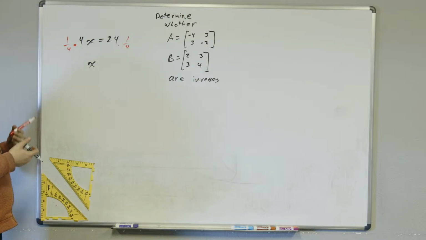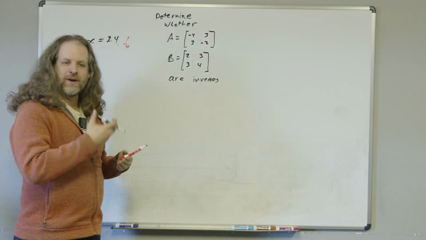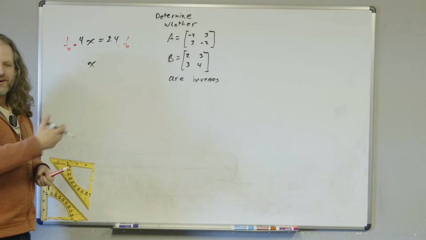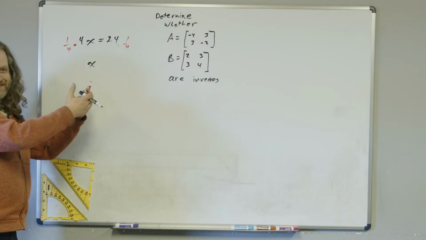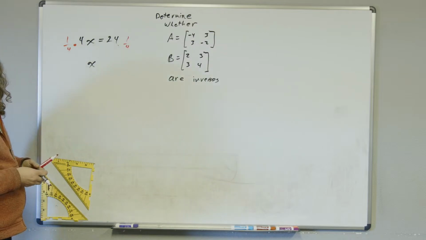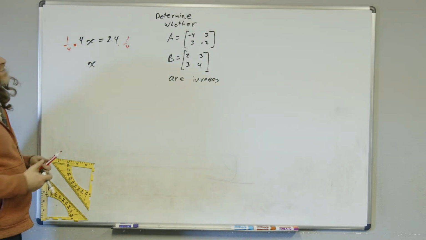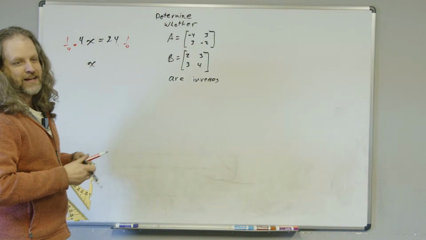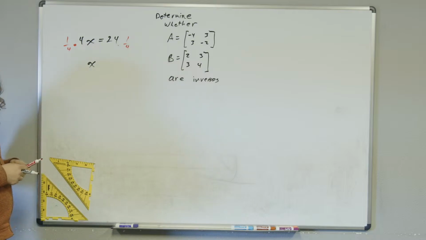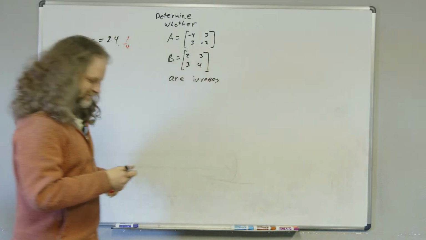So if these are inverses, then when I multiply them, what am I going to get? 1. What is 1 as a matrix? The identity. So if I multiply A times B and B times A, and both times I get the identity matrix, they're inverses. So let us multiply these.